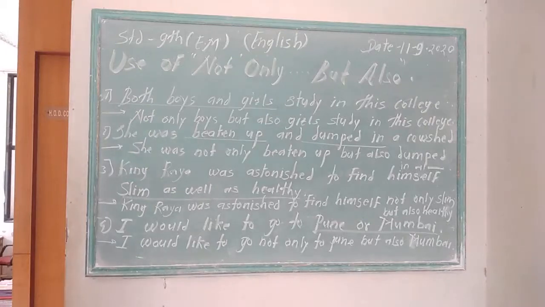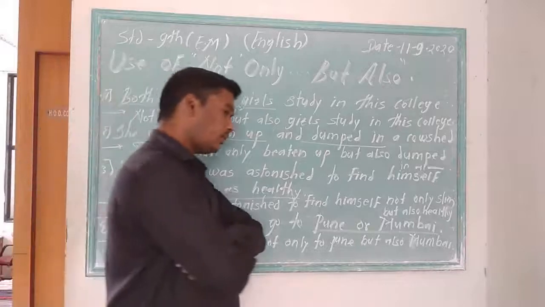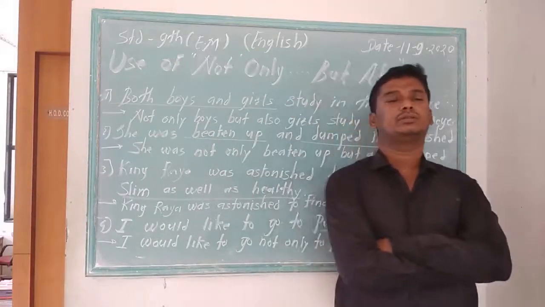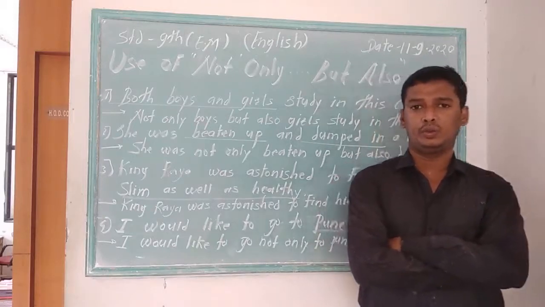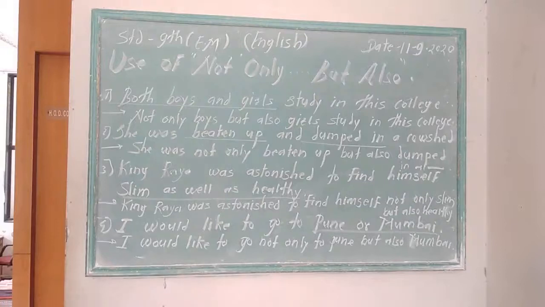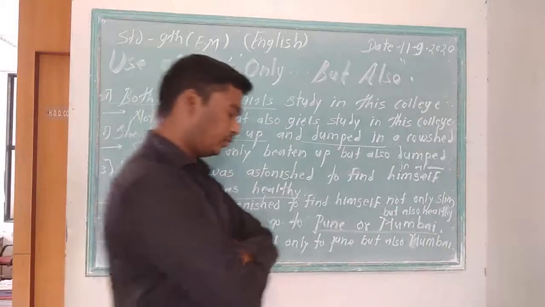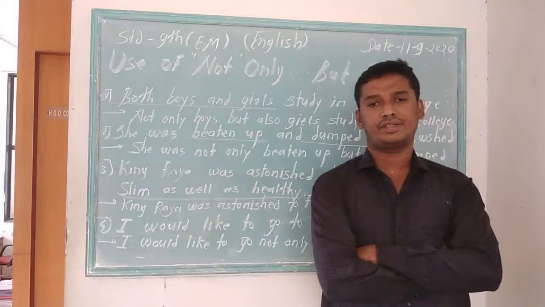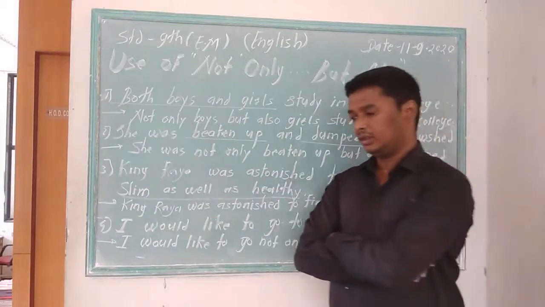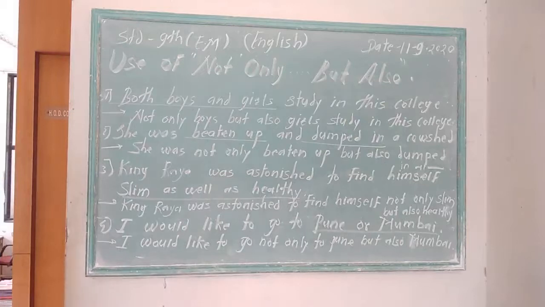First rule: if only one sentence would be given, and two things will be joined with or, and, or as well as, then such two things would be joined with not only dot dot but also.